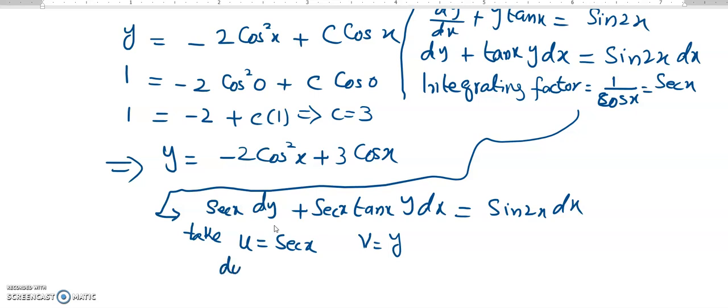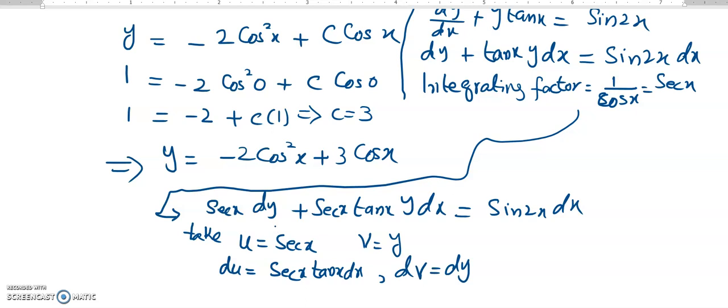Then du will be equal to, since we know the derivative of secant x is secant x tangent x, secant x tangent x dx. And dv will be equal to dy.